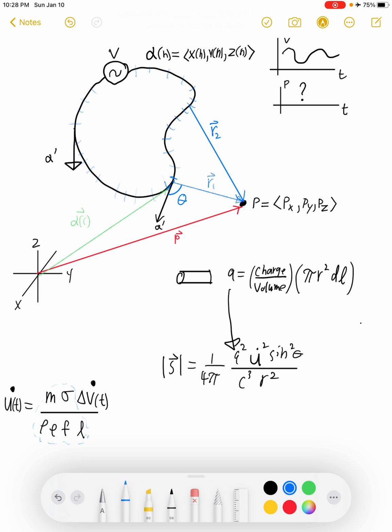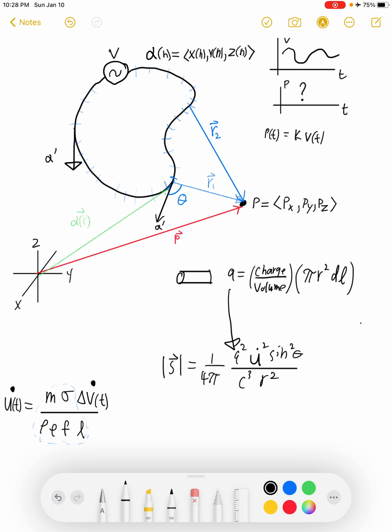Okay, R2 is greater than R1, therefore the power through radiation that hits the point P was emanated at some point in the past. So was R1, but R2 was further in the past. If the point P is directly on top of the radiator, then P of t is equal to some proportionality constant K times V of t.